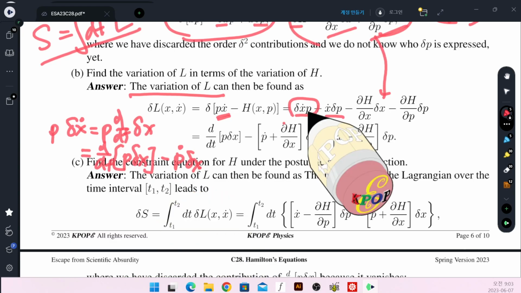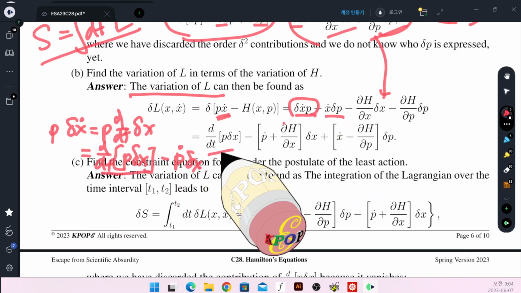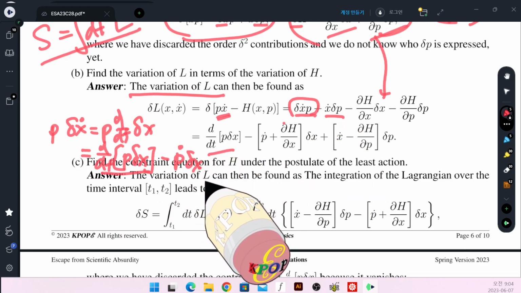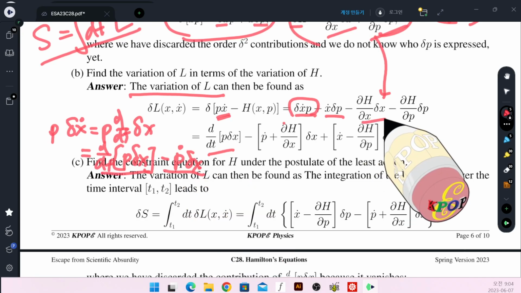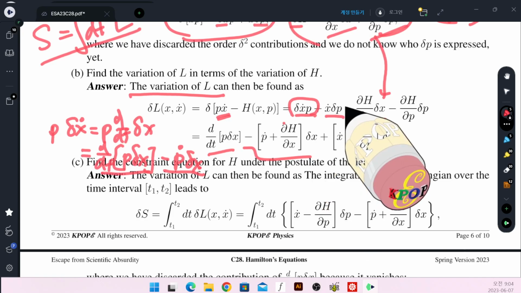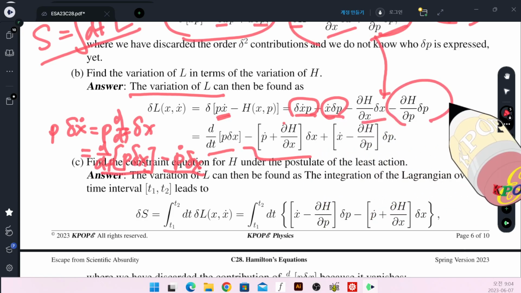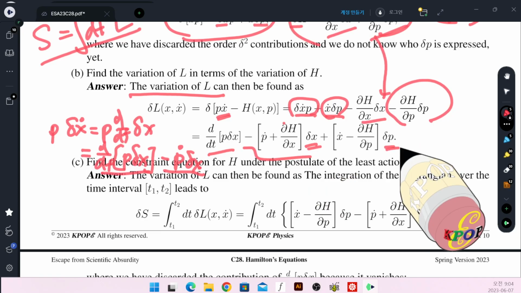As a result, this one is replaced with this term and minus p dot multiplied by delta x. So this one and this one can be combined. Another contribution that depends on delta p is here and there. So we combine these two pieces, variation in terms of x and p.